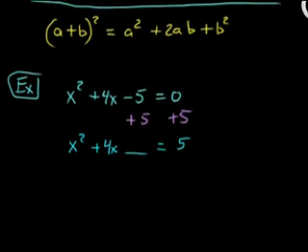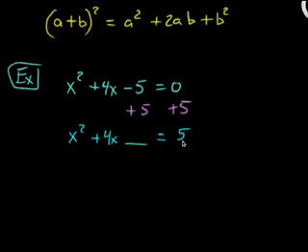If I'm going to add some number here, I would also have to do it over here. So I put a blank on both sides, and I'm going to figure out what number would make this a perfect square trinomial.